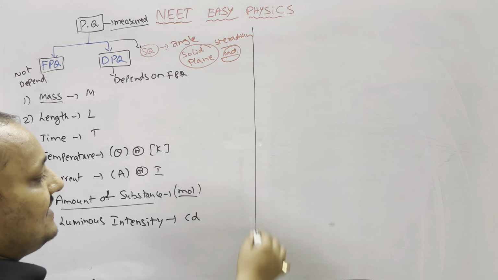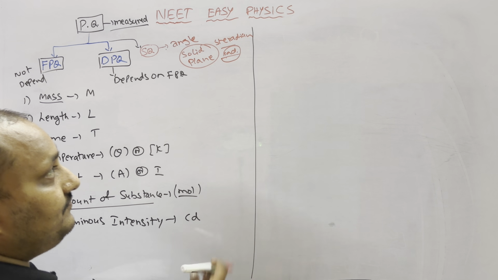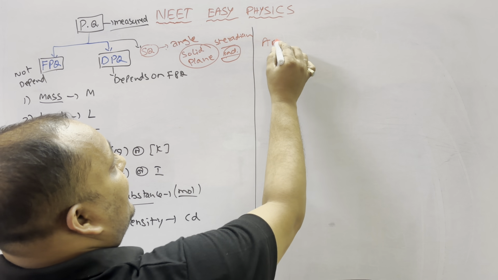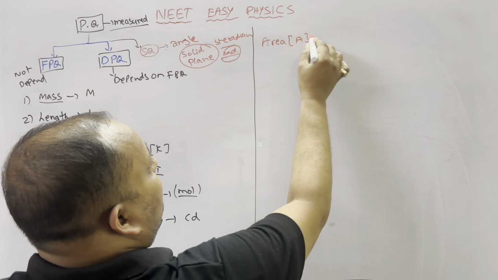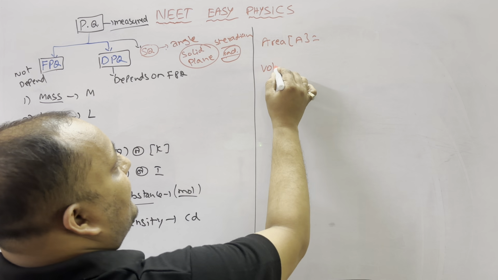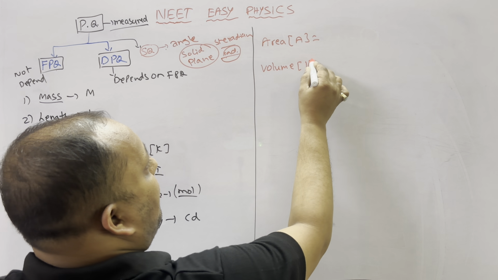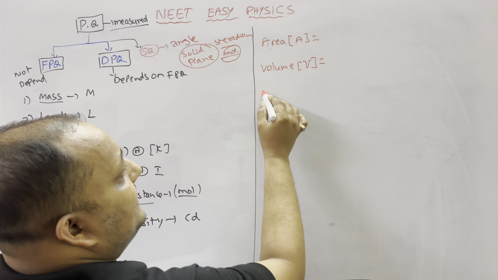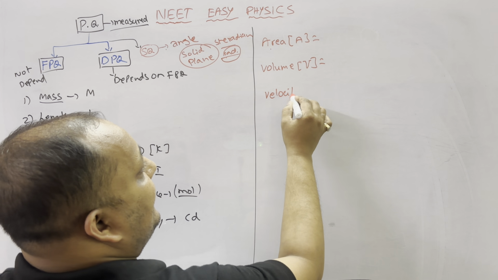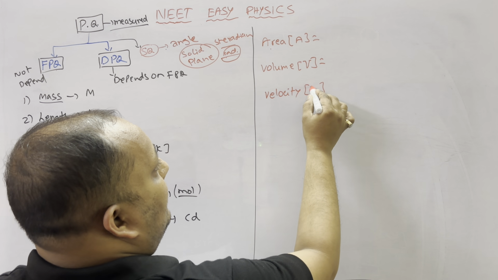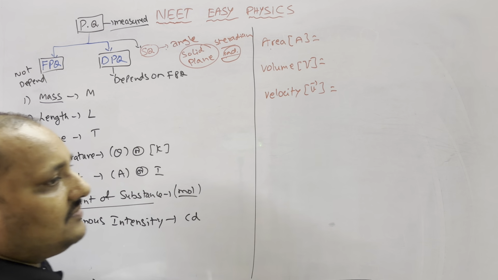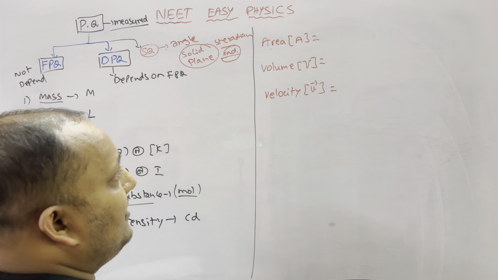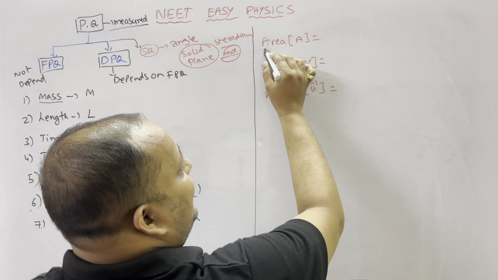So we will see some derived physical quantities. Area, volume, velocity, speed, like that, whatever you can take. What is the definition of area?